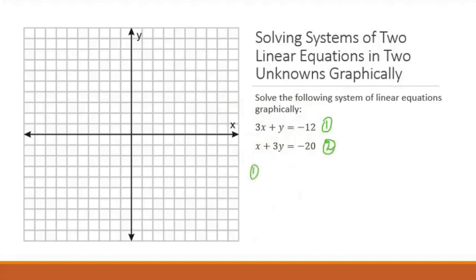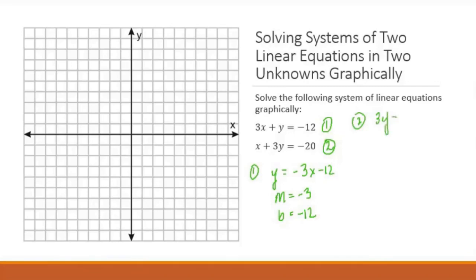So for equation 1, if I solve for y, I get y is equal to -3x minus 12, which means that we have a slope, m, of -3 and a y-intercept, b, of -12. For equation 2, I'll give myself a little more room by writing it up here.